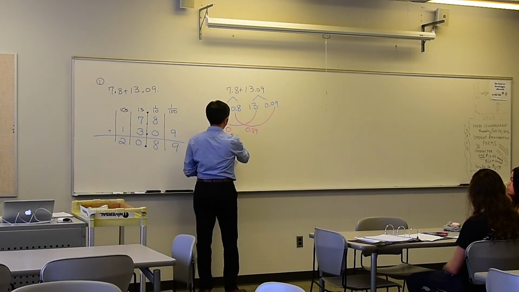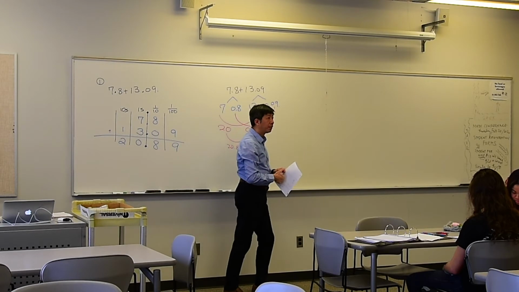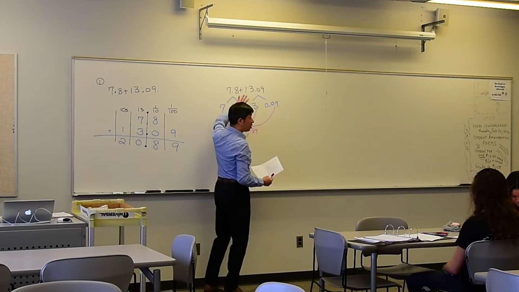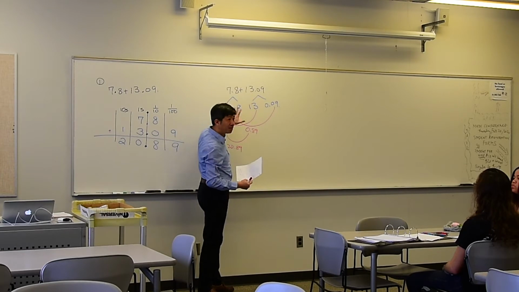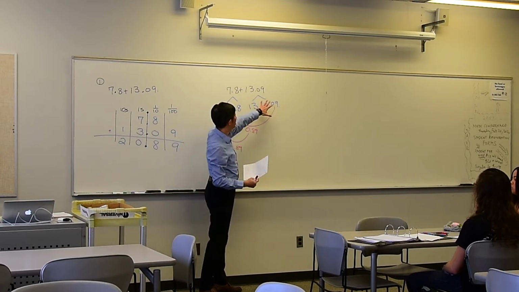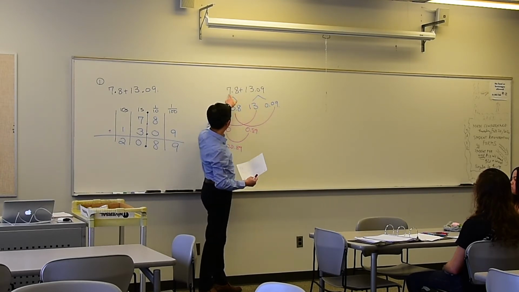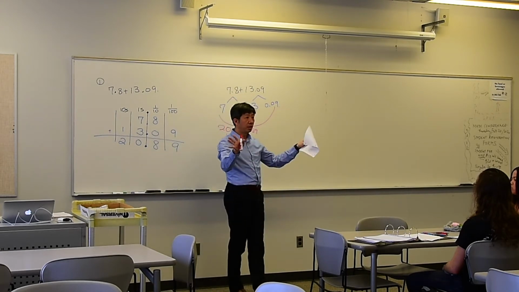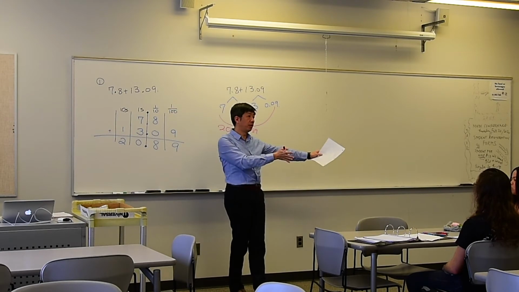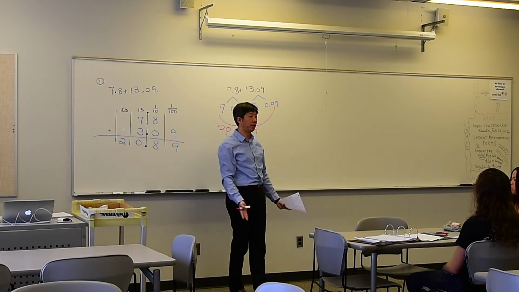And then therefore, add together will be 20 and then 89 hundredths, right? This is like a mental calculation process. Now, eventually, this picture will be gone. They can look at this, and they get the answer. They can decompose. Whole numbers add together, decimals add together, and add all together, that will be the answer.